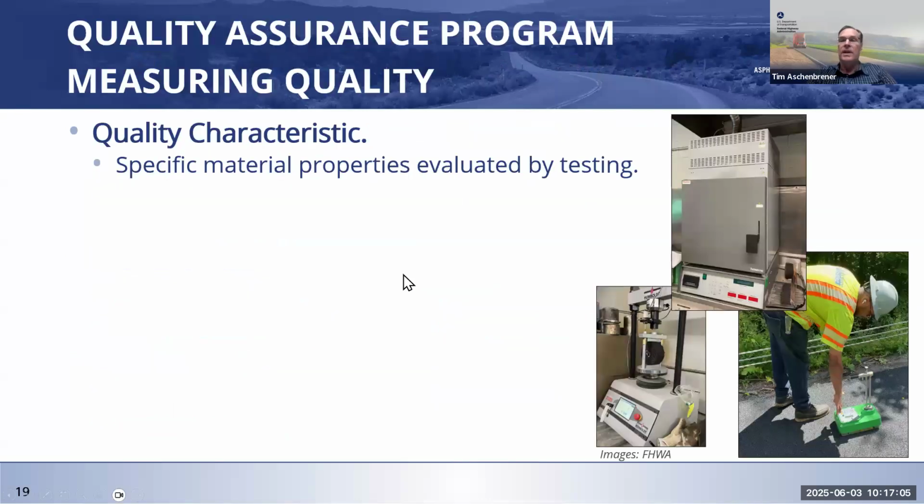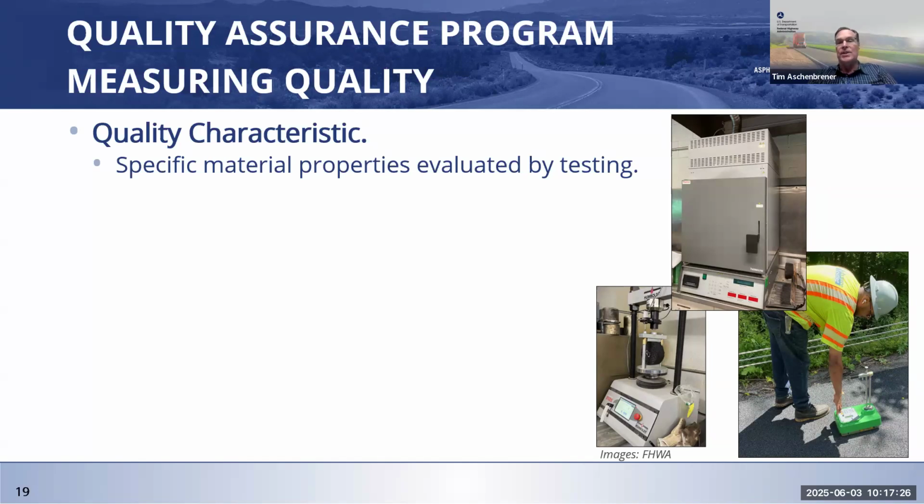So as we go through some of the QA basics, as we're looking at measuring quality, quality characteristic is really where we start. A quality characteristic is a specific material property or a test result that we get. It could be an asphalt content, it could be an in-place density.